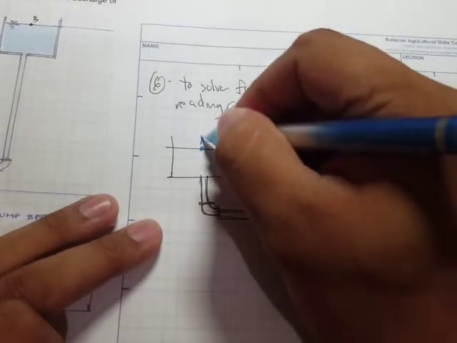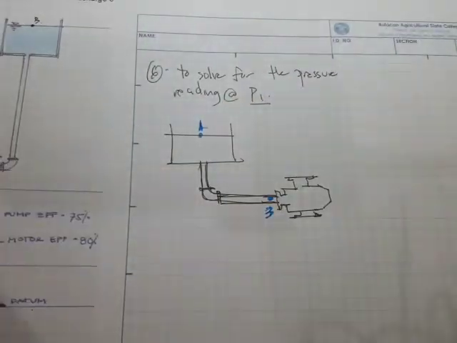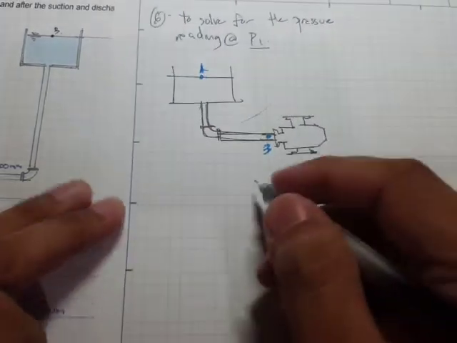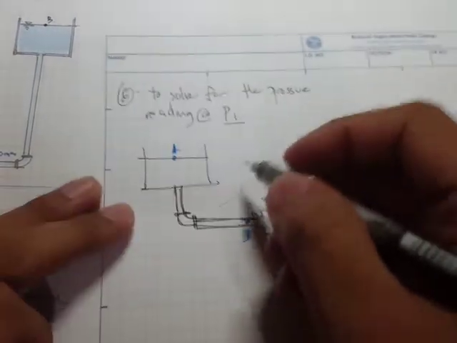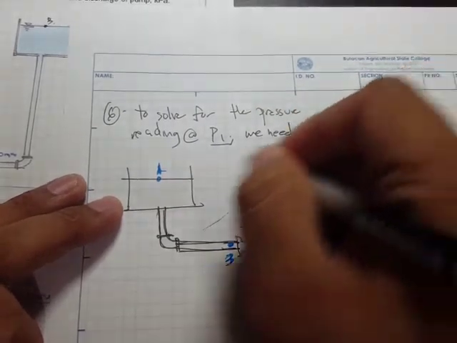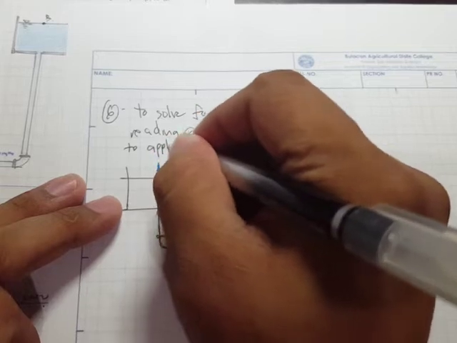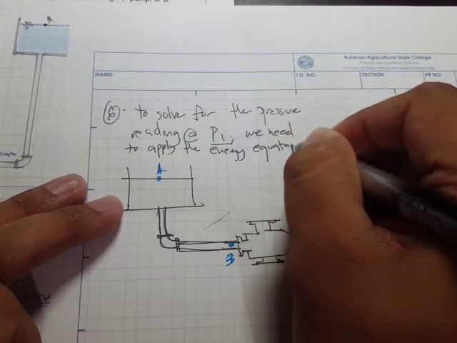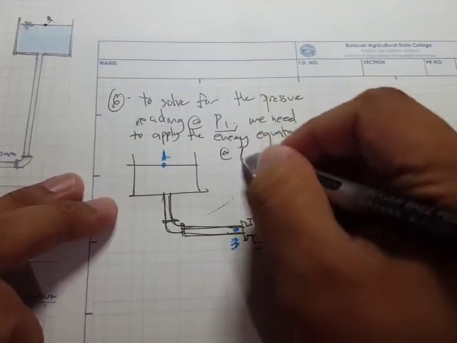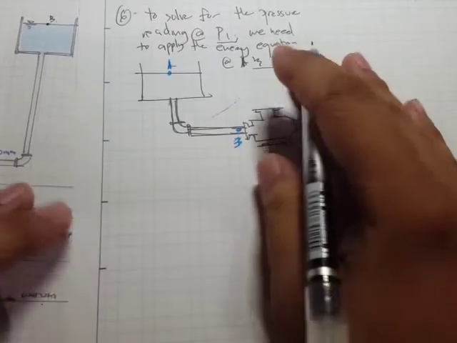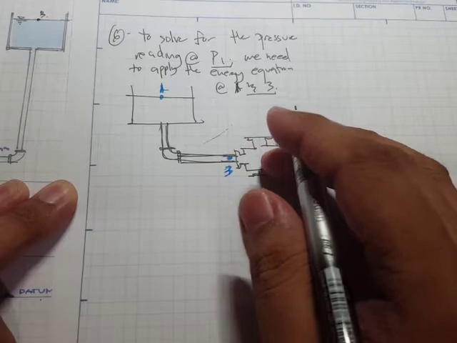No problem. And here's going to be point 1. So we need to apply the Bernoulli's equation, or the energy equation rather, to this side right here. We need to apply the energy equation at point 1 and point 3.